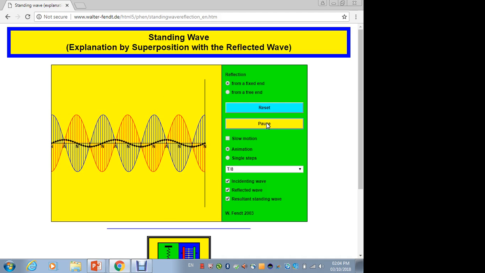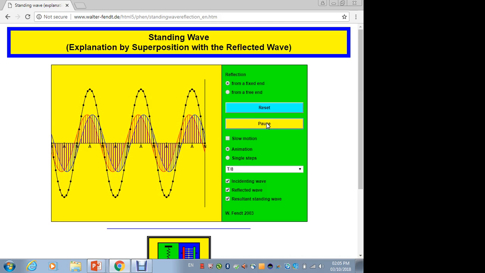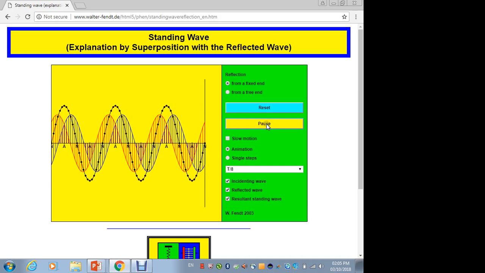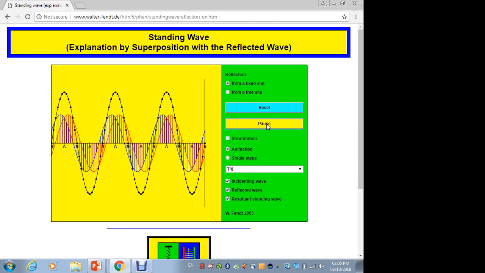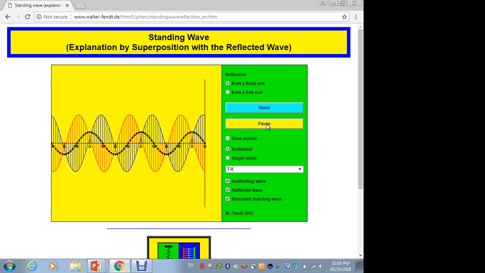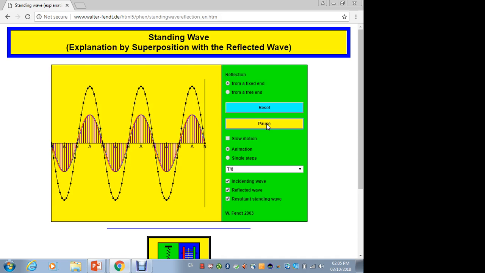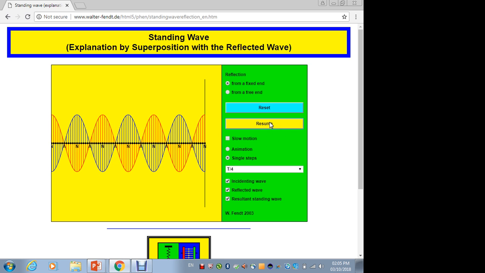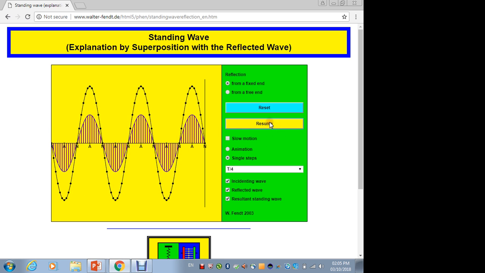If you refer to your lecture notes, take a look at figure 4. This is similar to what you see in figure 4.